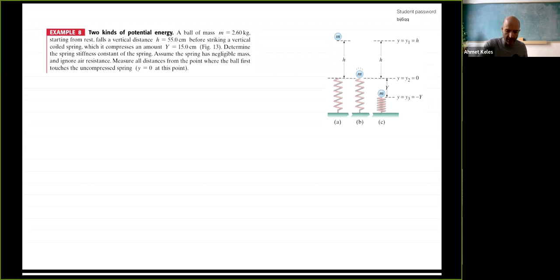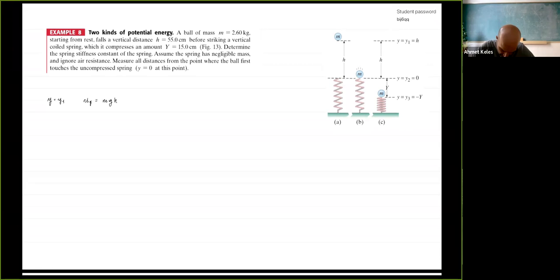All right, let me start. Like I said, we take our reference point here. Let me write y is equal to y1. I have gravitational potential with respect to y equal to 0, which is equal to mgh.